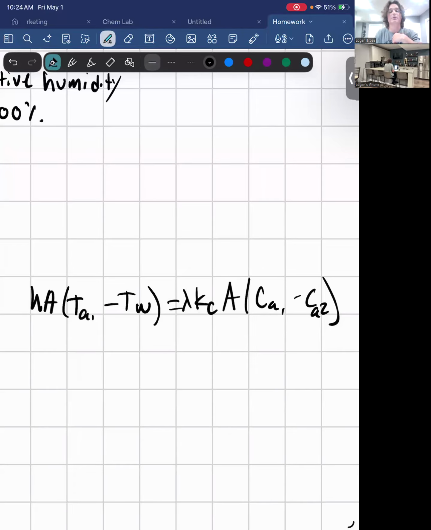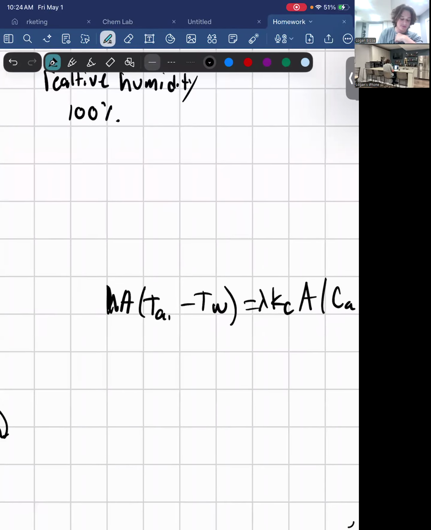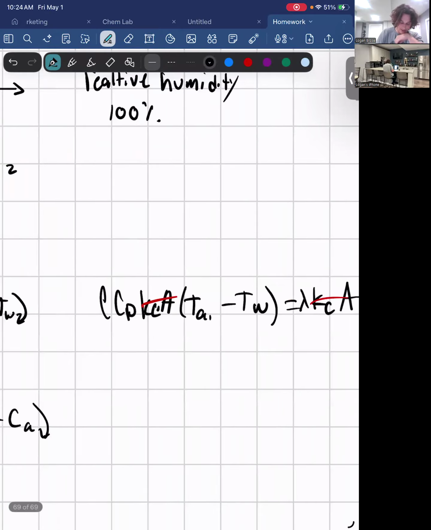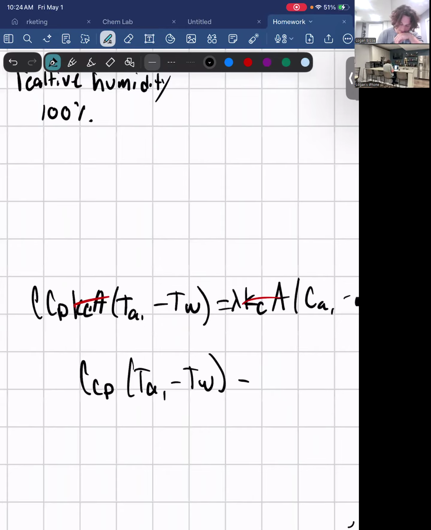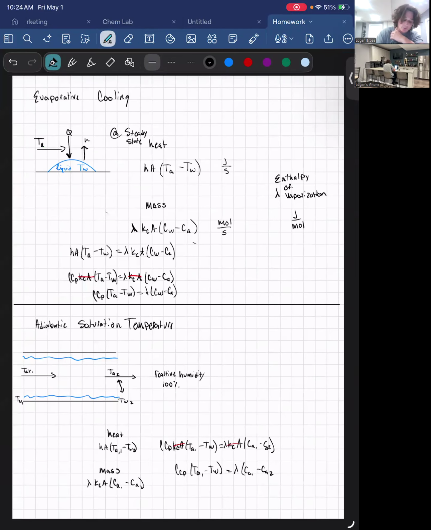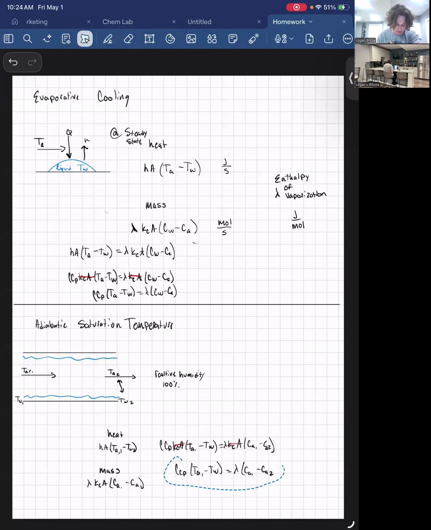We can then plug in what we found for H, that's our rho Cp Kc, and once again we can cancel out our KcA to get rho Cp (Ta1 minus Tw) equals lambda (Ca1 minus Ca2).